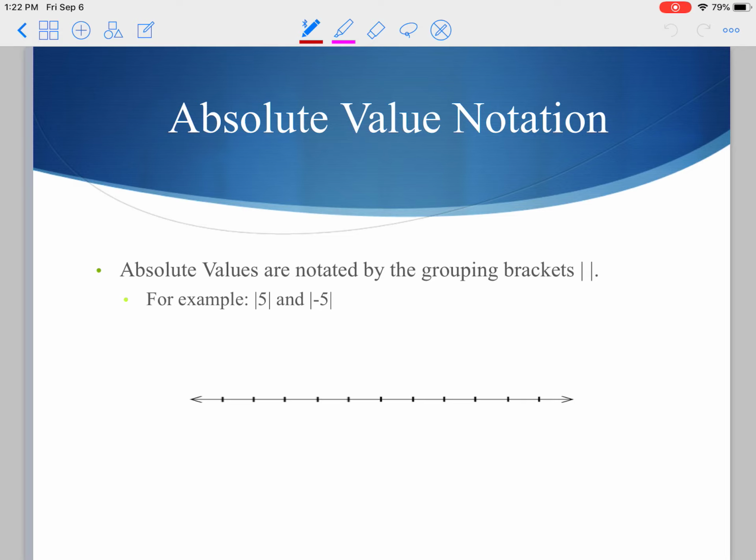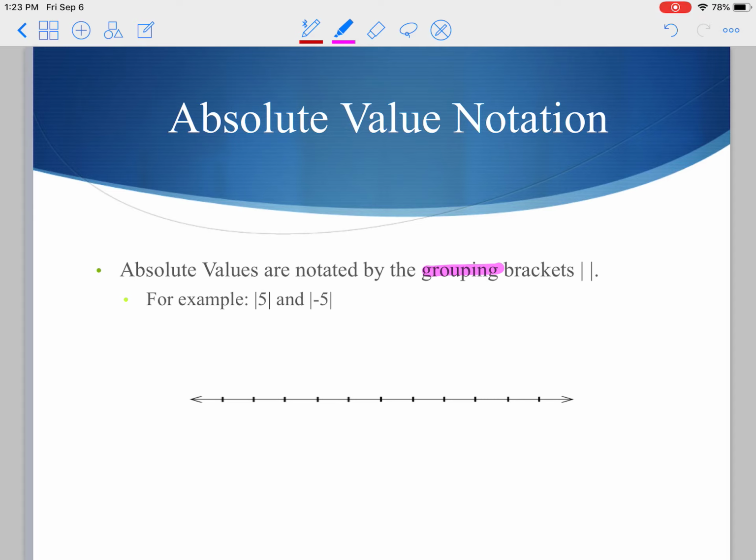And so when we consider the notation of absolute values, the first thing we notice is that we now have a second grouping symbol, and this being brackets. As you may recall, we have altered PEMDAS, which is parentheses, exponents, multiplication, division, addition, subtraction.